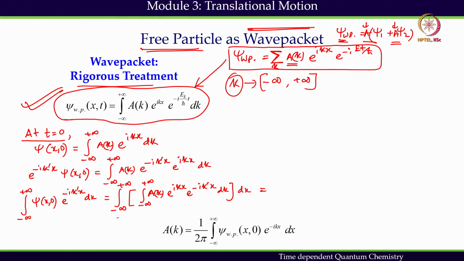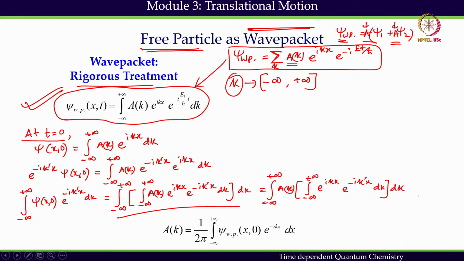I can rearrange this integrand in the following way: minus infinity to plus infinity a k, then minus infinity to plus infinity e to the power I k x e to the power minus I k dash x dx dk. I can do that because this integration is over x and this integration is over k.